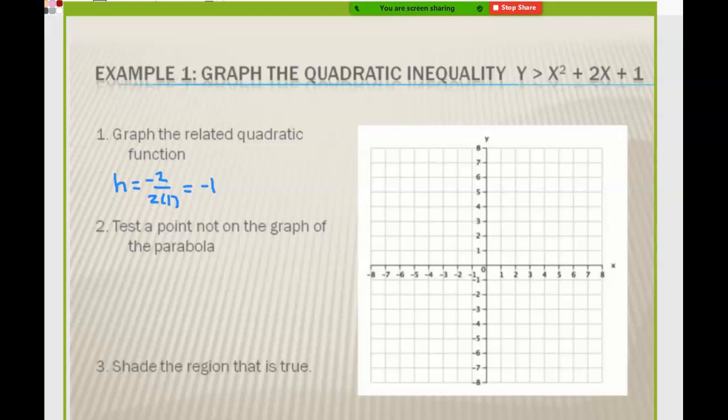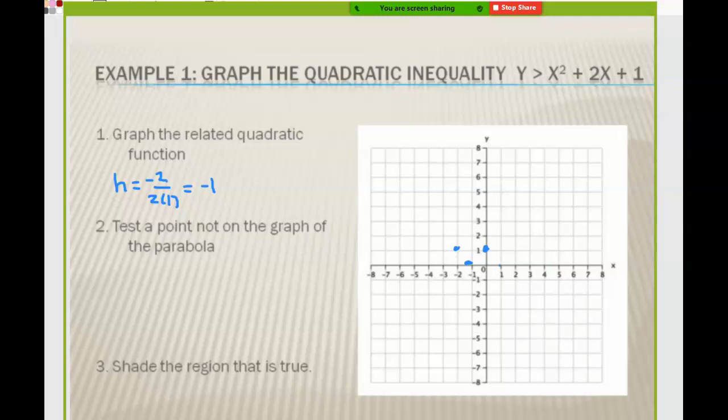And then you're going to make your table of values. So you're going to plot your y-intercept, which is at 0, 1. We're given that in my graph. That also means I have a point at -2, 1. And again, we could always either just plug in 1, or if you did your table, it went 0, -1, 0, 1.